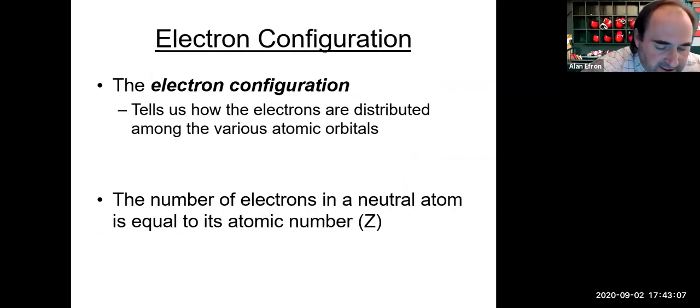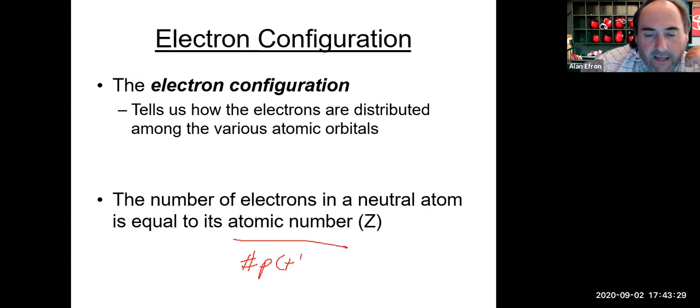Electron configuration is essentially the order in which the electrons are put into an atom. There's a special way that we write it, and we're going to talk about it in just a second. But we're really interested in the electrons. Something we talked about earlier was that the atomic number is the number of protons, our positive guy.